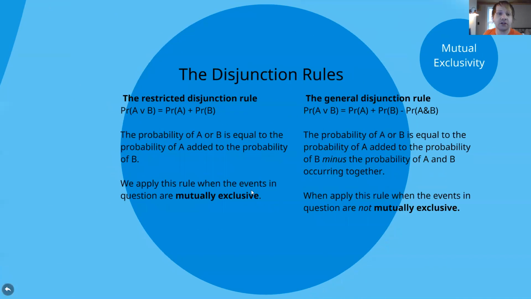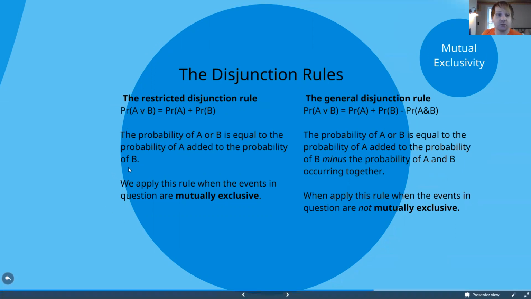The disjunction rules look a little different. So let's look at what they say. So we have this V here. Recall that according to our notation, the little V symbol means or, right? So in this case, we have the restricted disjunction rule.